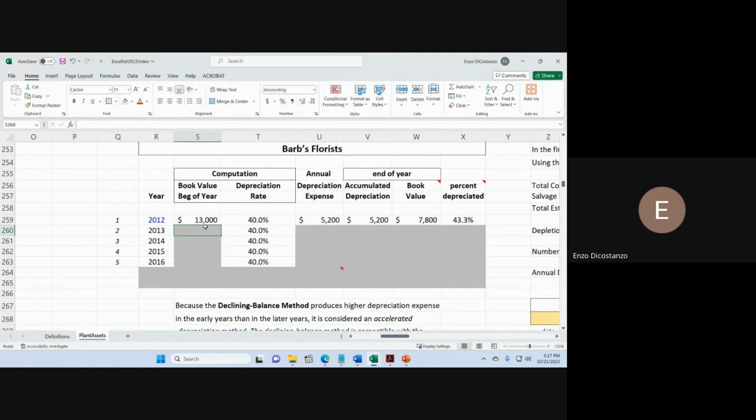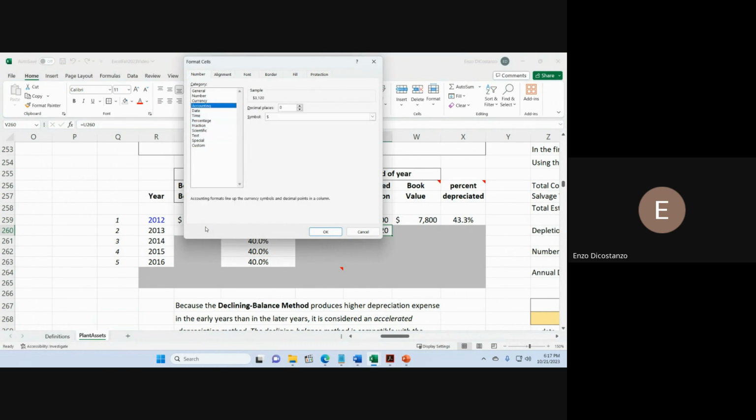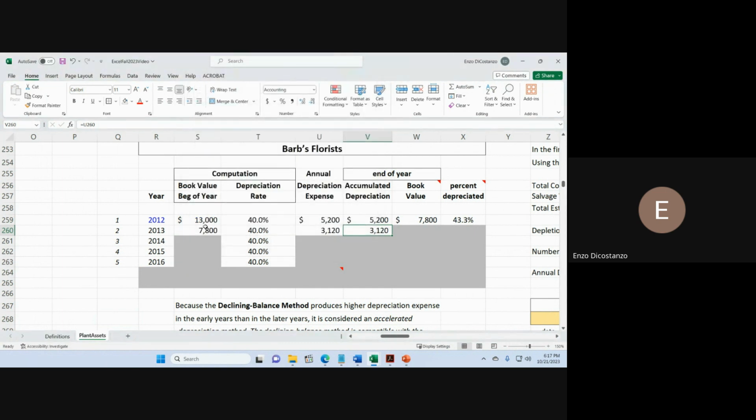So the new book is what you ended the year with. It's a lot. 8,320 is a lot.